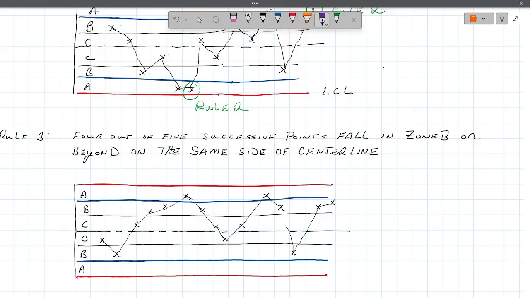So remember, 4 out of 5 successive points fall in zone B or beyond on the same side of the center line. So find your, what's that? 7th one. 1, 2, 3, 4, 5, 6, 7. Yes.